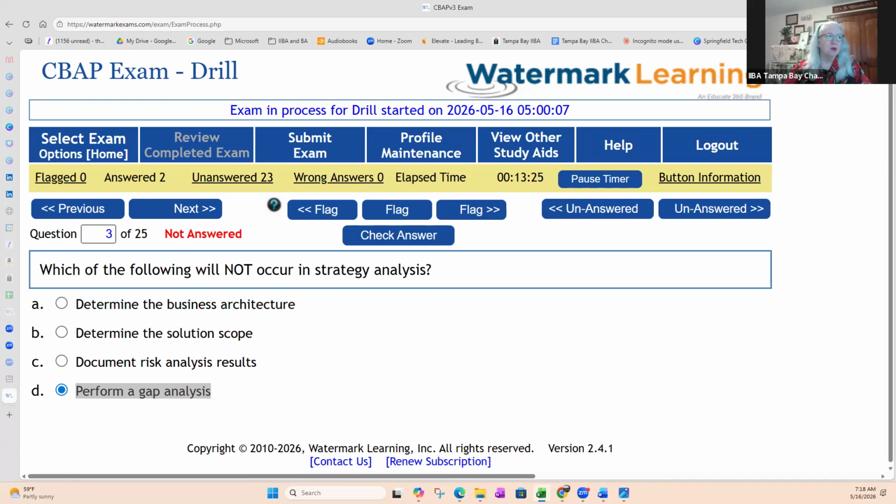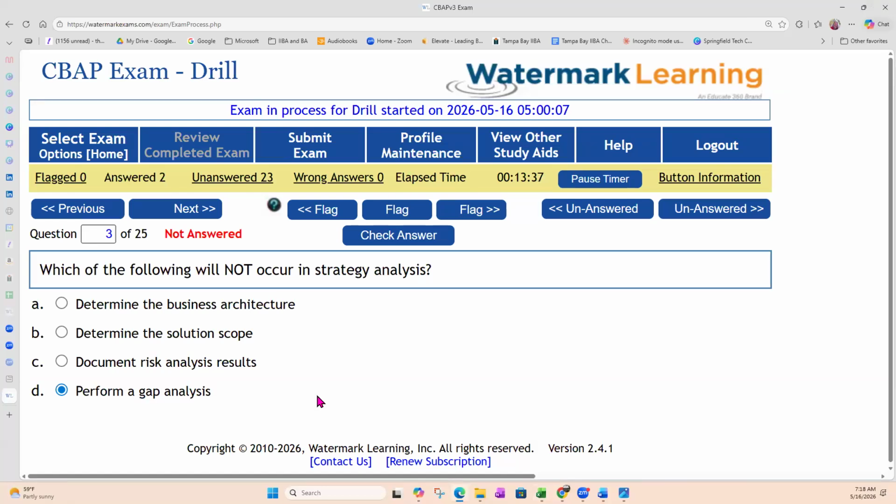Gap analysis is one of the elements in define change strategy. So one of these is not in strategy analysis. Which one do we think it is? Determine the business architecture. Yes, the one that is not.